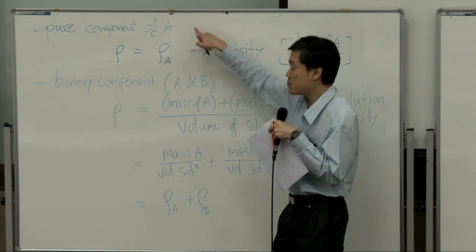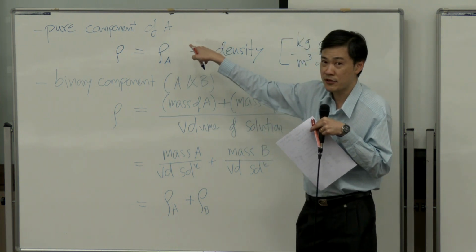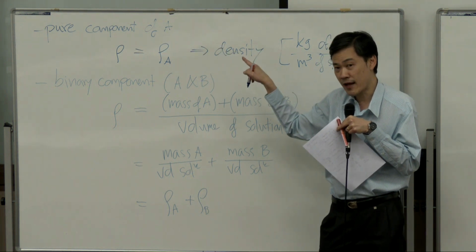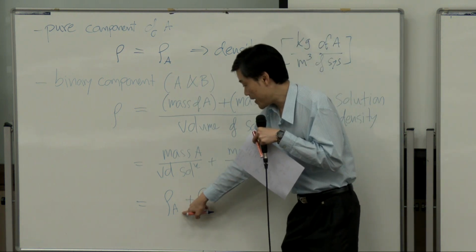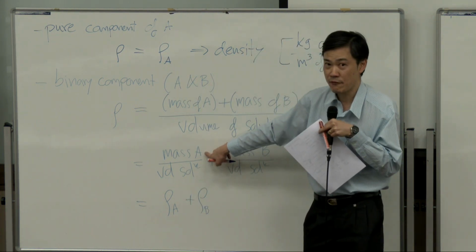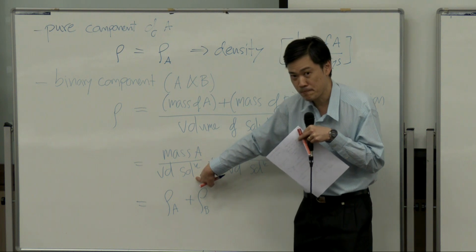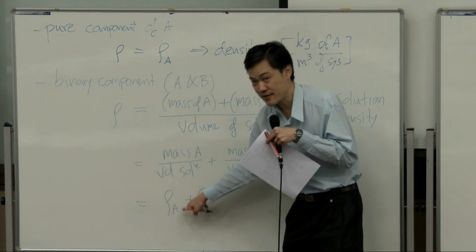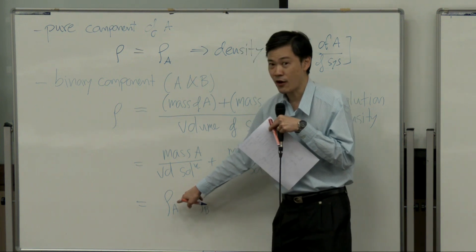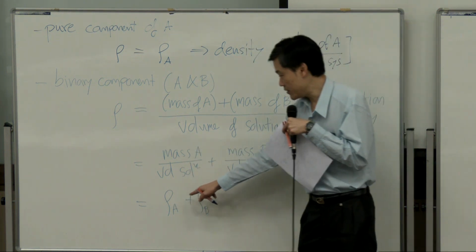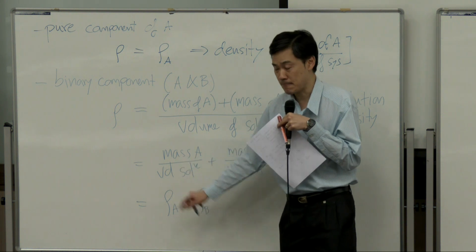This rho A in a pure component is a characteristic property of component A. It is always constant. But this rho A depends on how much A we have in the system. So this one is not the density of pure species A anymore. This one is called the mass concentration of A in the system.